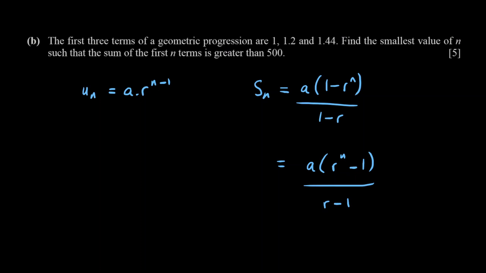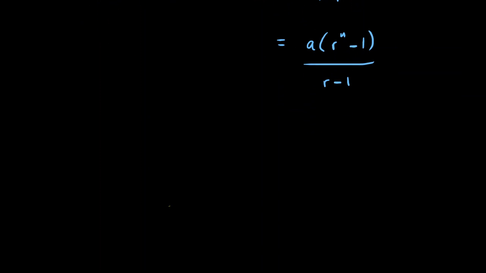Now, let's have another look at this geometric progression here, 1, 1.2, 1.44. I think it'd be better to rewrite that in fractional form as 1, 12 upon 10, that's the same thing as 1.2, and 144 upon 100, which is the same as 1.44.